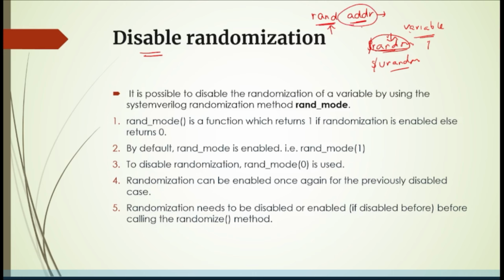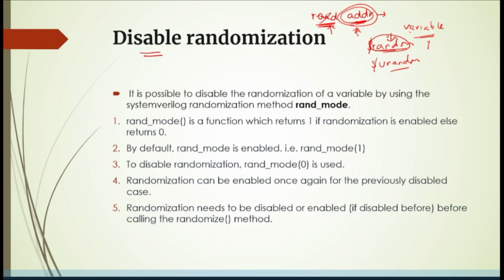That means my address need not be randomized at that point of time. Then what can you do? Instead of going to the place where you declared it and erasing everything, at the point where you don't want that address to be randomized, you can disable this rand keyword.